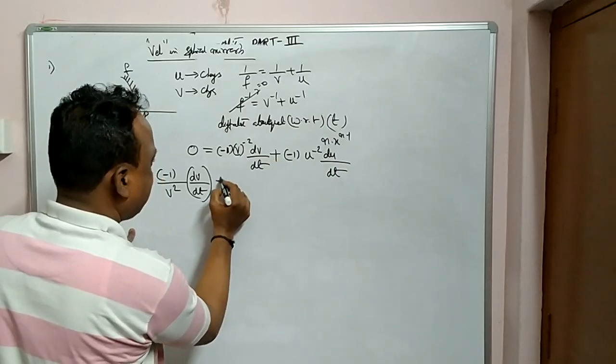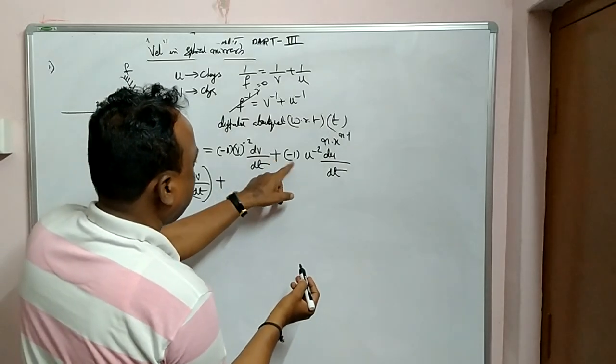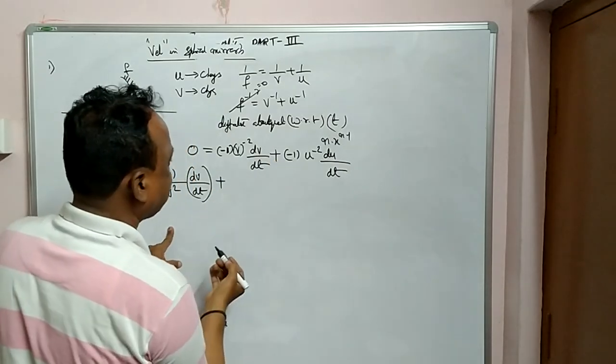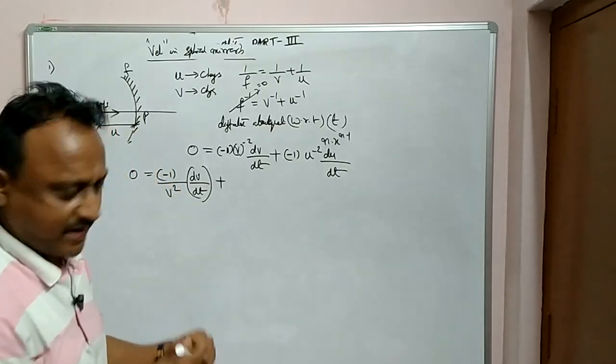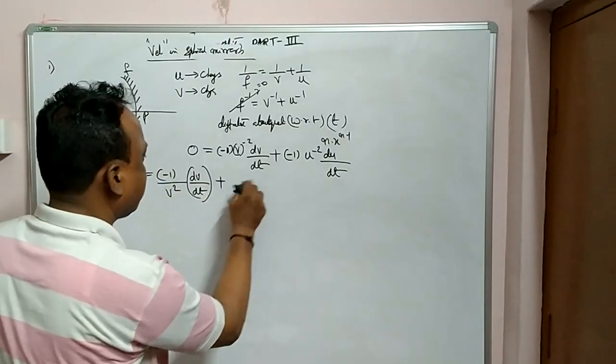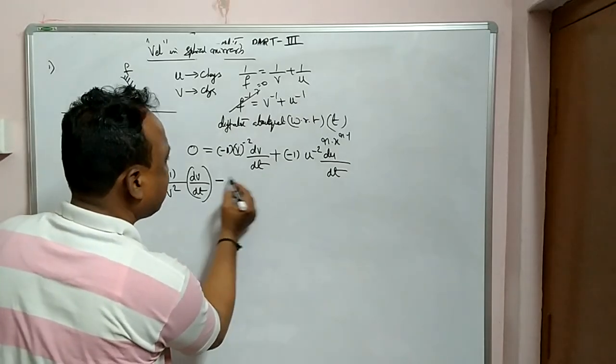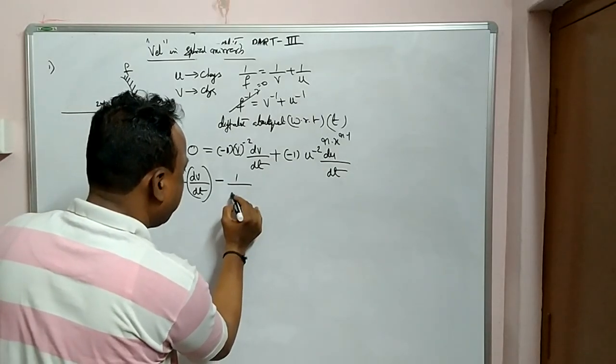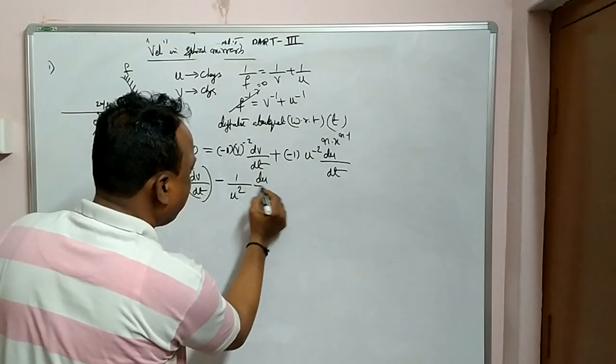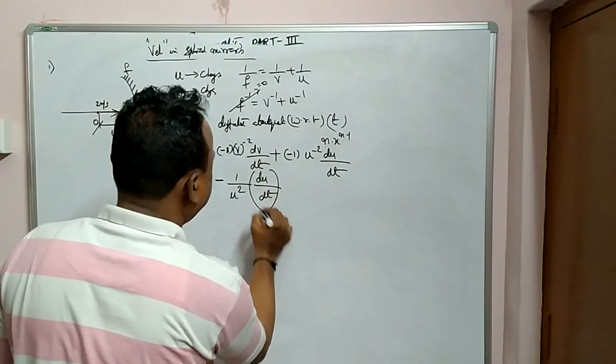ఇది ప్లస్ ఆఫ్ కోర్స్, ఇది ఎక్కడ పైన ప్లస్ ఇంటూ మైనస్ మైనస్ కదా, ప్లస్ ఇంటూ మైనస్ మైనస్ రాసేద్దాం, మైనస్ ఉంది కదా. సో ఐ రైట్ ప్లస్ ఇంటూ మైనస్ మైనస్ కిందకి 1 by u square into du by dt.